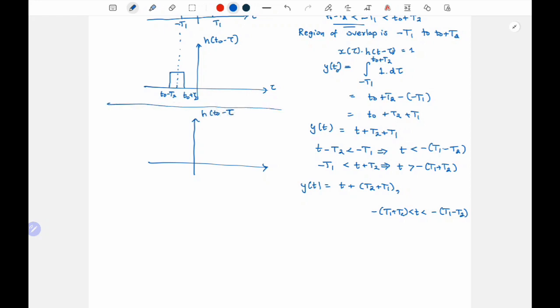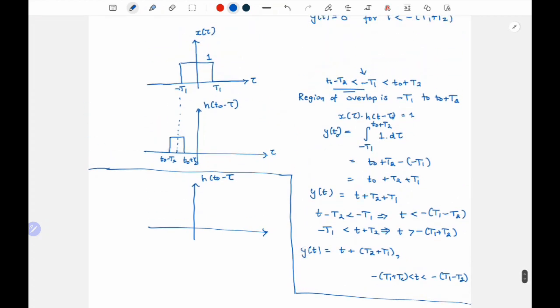So let me draw a line here. So in the next case, let's say all of h of tau is inside x of tau. Okay. So then I have x of tau like this, and h of tau somewhere like here. So this is t naught minus t2, t naught plus t2.